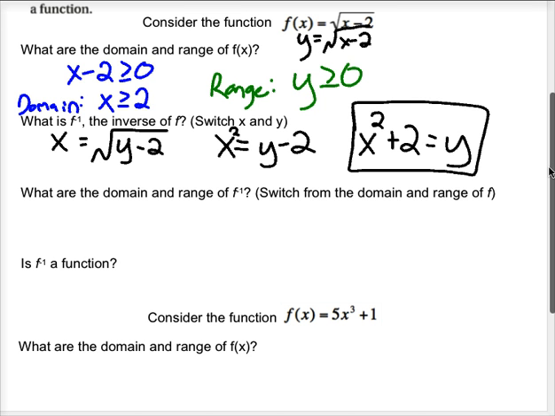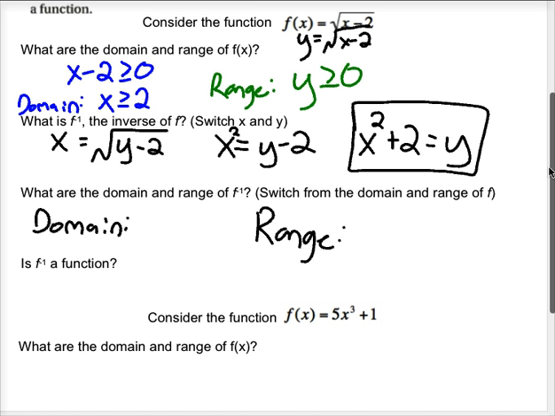All right, so what are the domain and range of f to the negative 1? So what I want us to think about is domain and range. Well, it says we're going to switch it from the domain and range of the original function.